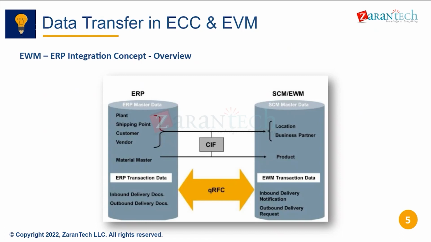Then product master data will also be sent through the SIP. Now for the transactional data, inbound delivery documents and outbound delivery documents, or any posting change document, will be communicated between the systems through the QRFCs.